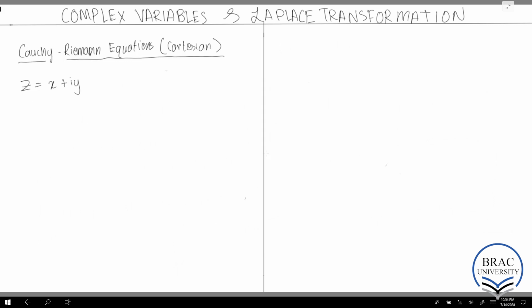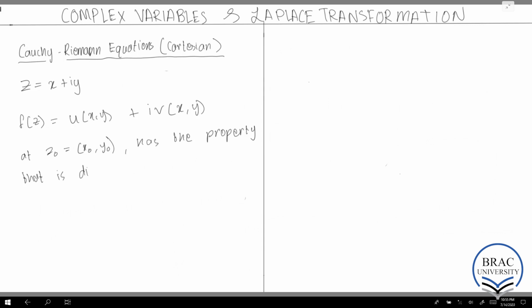Now, to derive the Cauchy-Riemann equations, we must state the following assumption. We must have that if you have the function f of z, which is equal to u of x, y, a separate multivariate function u dependent on x and y, plus i v, again another multivariate function of x and y, then this function f at z naught, which is x naught, y naught, must be differentiable.